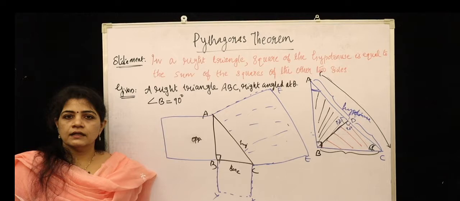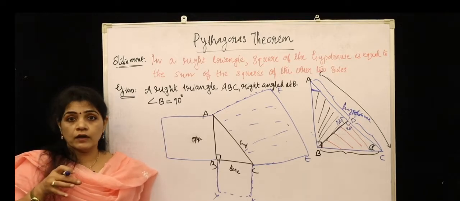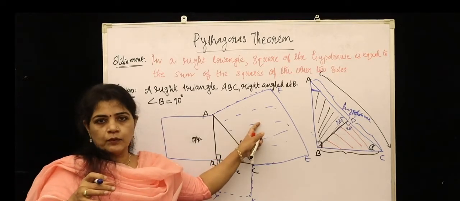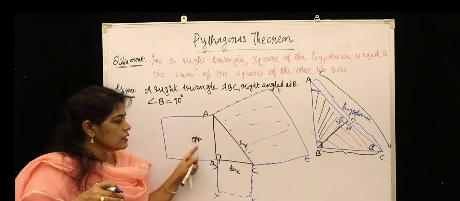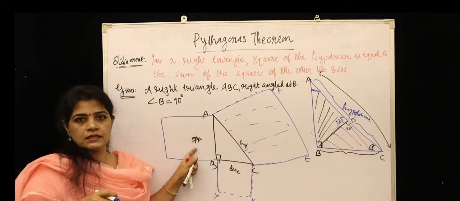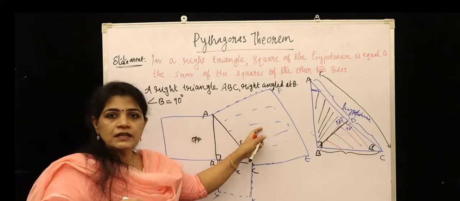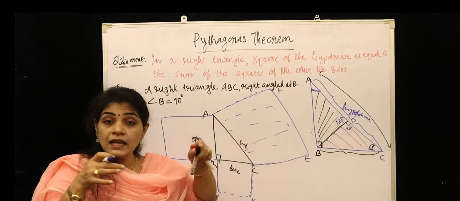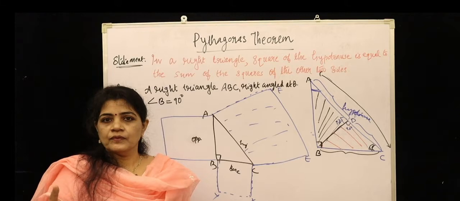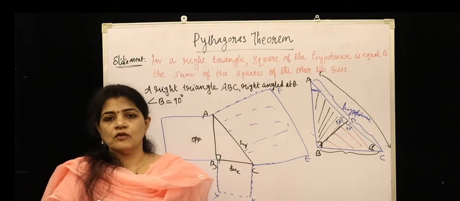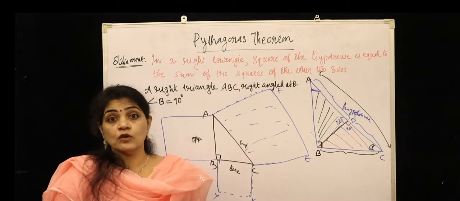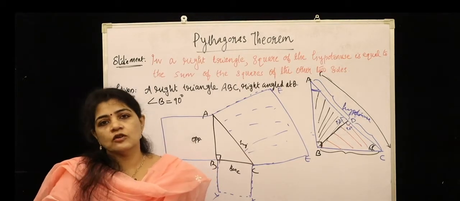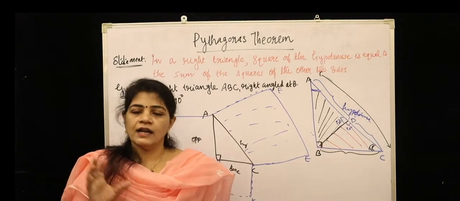What is the meaning, children? Here we have a big square, that is the square on the hypotenuse. That means if you place the squares on the other two sides in this big square, the area will be the same. That is another concept of the Pythagoras theorem in terms of areas of the squares on the three sides of the right triangle ABC.